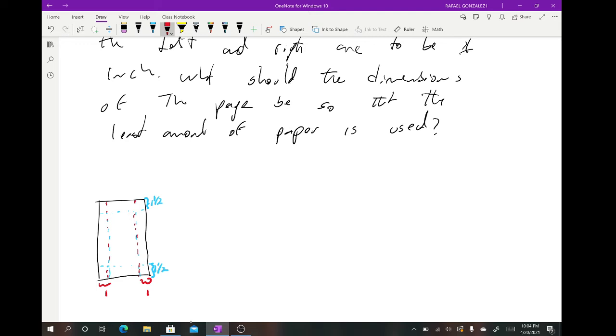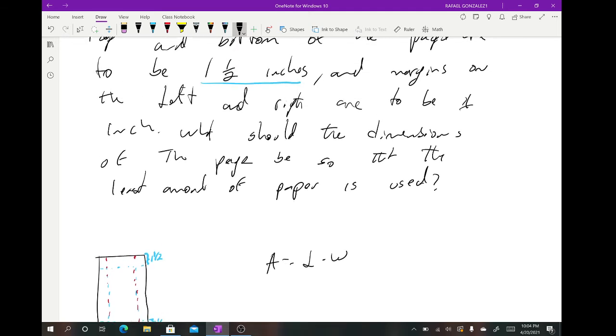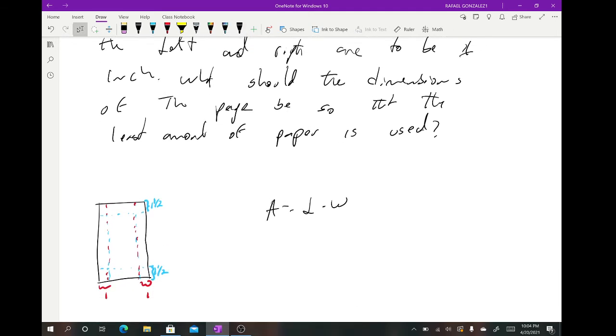We know from the previous problem that if we want to find the area of a rectangle, it's the length times the width. Some people say also length times height. Now, we have to be a little more careful here because we are talking about two pieces of information.